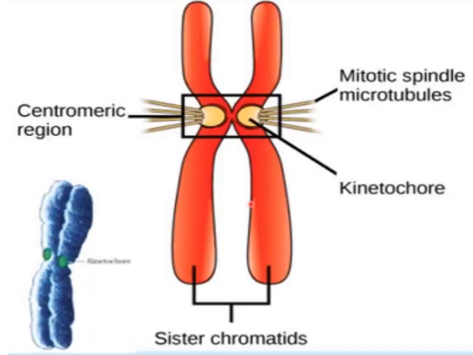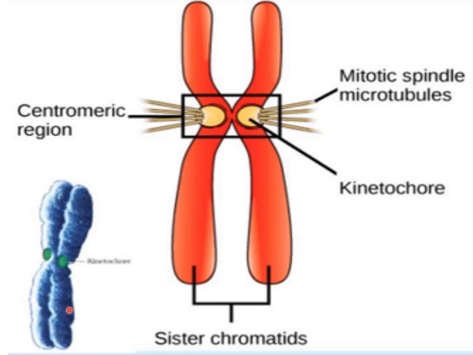So first of all, what happens? Chromatin material is present in the interphase cell, right? That chromatin material condenses and takes a particular shape, the shape of a chromosome. So this chromosome is formed due to condensation of chromatin material.